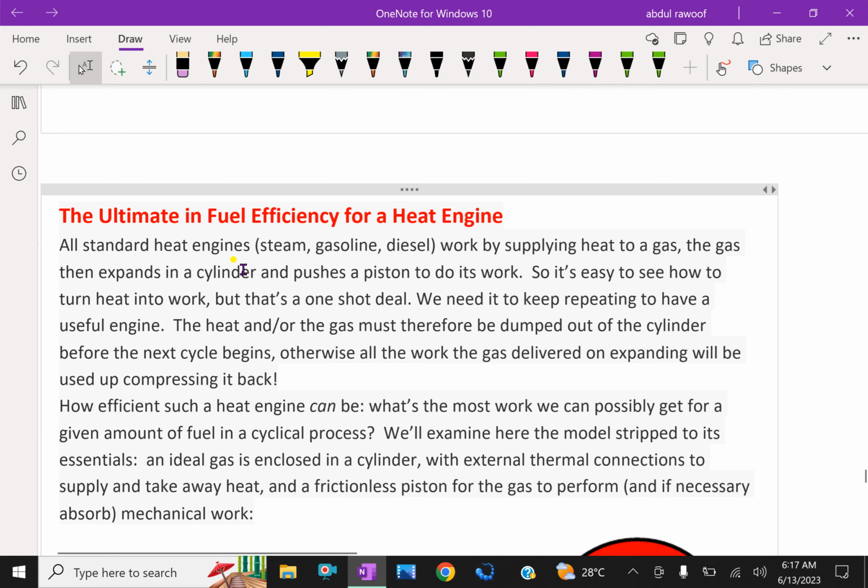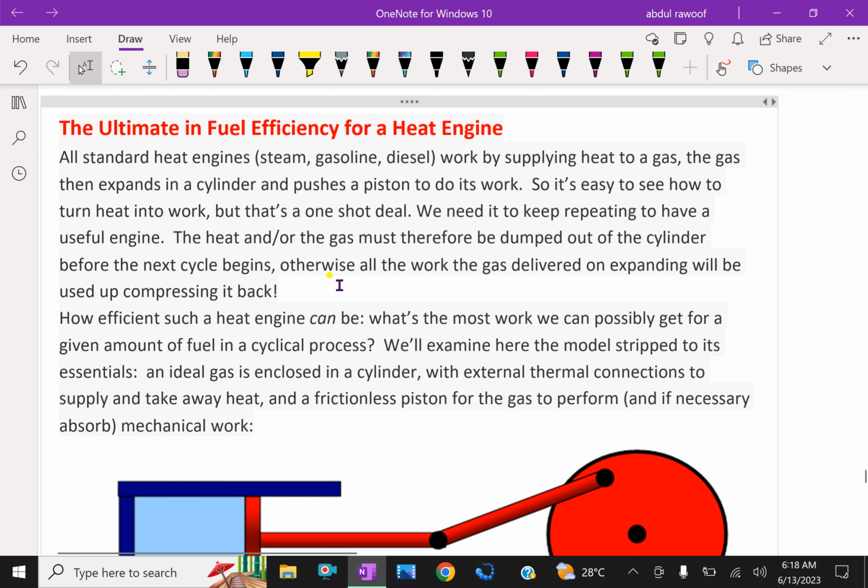Now the ultimate in fuel efficiency for a heat engine. All standard heat engines like steam, gasoline and diesel work by supplying heat to a gas. The gas then expands in a cylinder and pushes a piston to do its work. So it's easy to see how to turn heat into work, but that is a one shot deal.